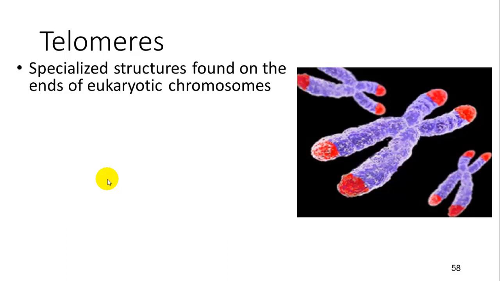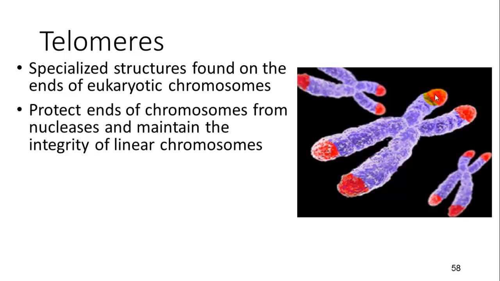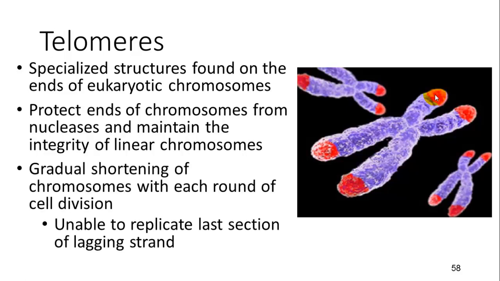All right, so I said we're going to talk about telomerase. One of the things is telomeres, which are the ends of the chromosomes. These are basically like caps to prevent deterioration and maintain the linear integrity of the chromosome. Over time, after every time you replicate, they get smaller and smaller because the last section of the lagging strand can't be replicated.